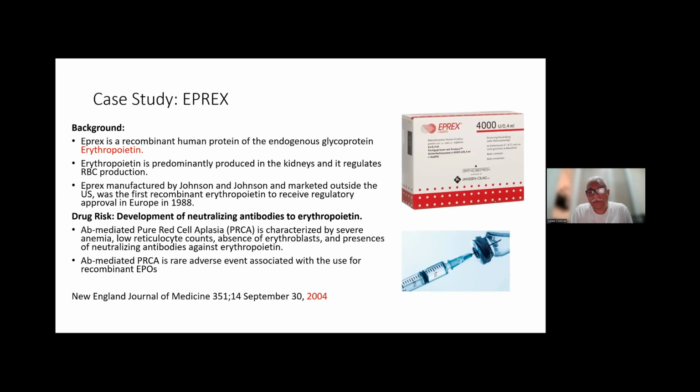Then in 2004, erythropoietin, which is a growth factor for red blood cells, induced what is called PRCA, pure red cell aplasia. It happened because patients getting recombinant erythropoietin started making antibodies to the erythropoietin and started getting an autoimmune disease-like phenomenon.